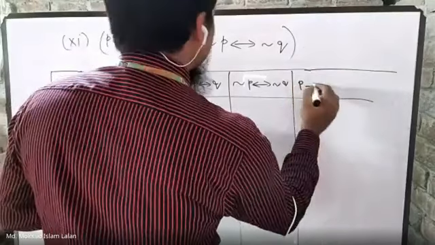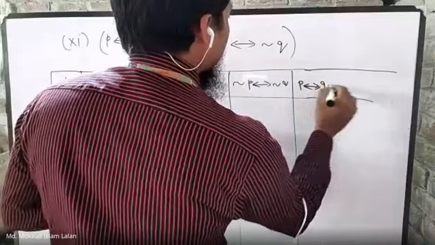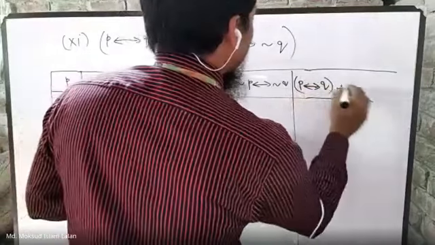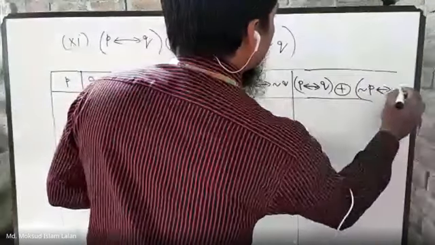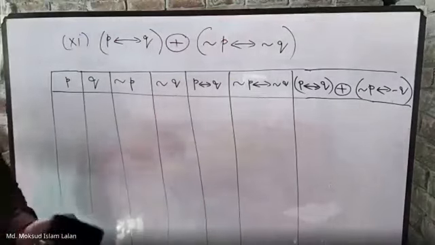And then exclusive OR, right? Yes, sir. And then the result. Can you see the board? Yes, sir.